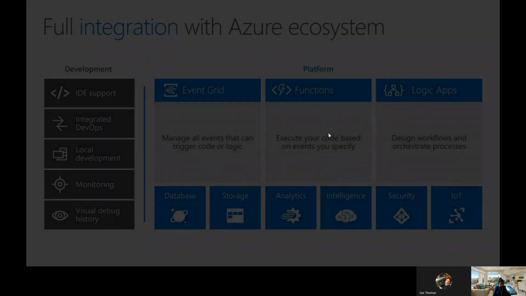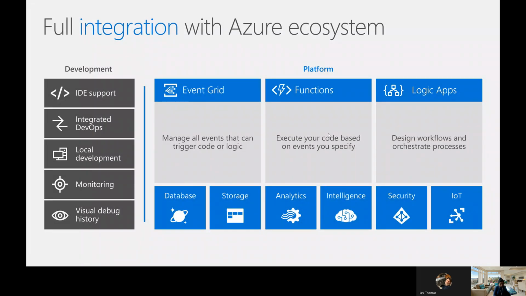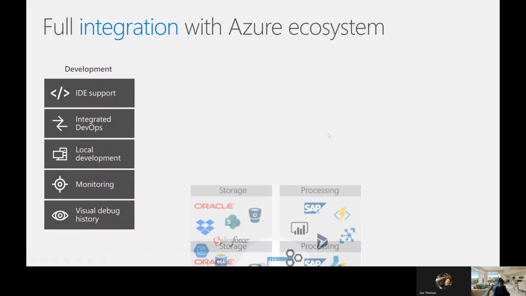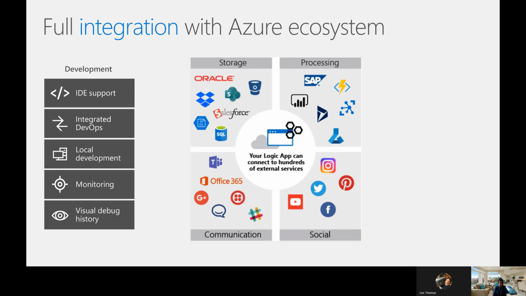Okay. Moving back to my presentation. This is a diagram that I just copied from the Azure Docs. The reason I have this here is I wanted to talk about the power of Logic Apps.